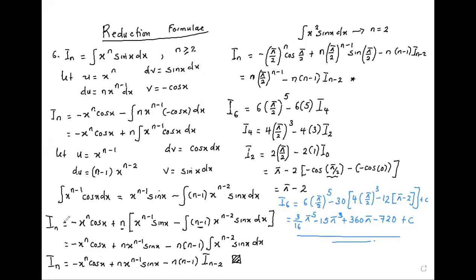When you take pi over 2 where there is cos, cos 90 is 0, so this becomes 0. If you put 0 where there is x, you're dealing with 0 power n cos 0. This is 1, but there's 0 outside, so this whole part disappears. When you put 90, sin 90 is 1, so this part remains.